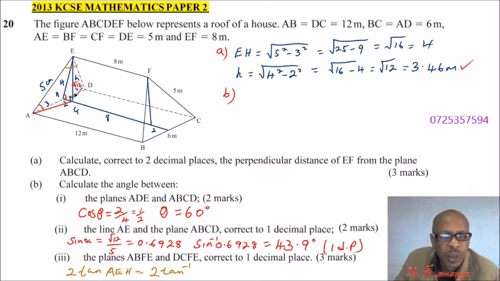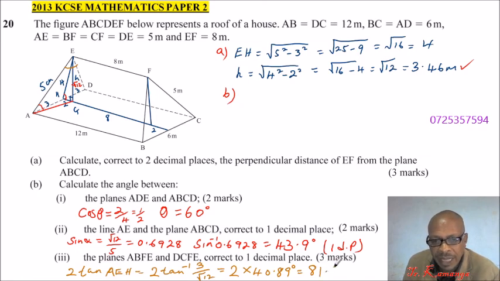So we get it is equal to 2 multiplied by tan inverse of 3 divided by root 12, that is 2 times 40.89, which gives 81.8 degrees.